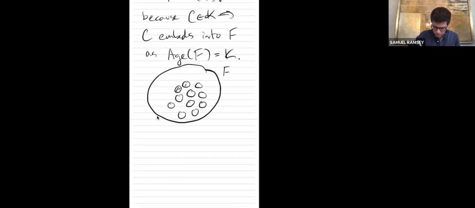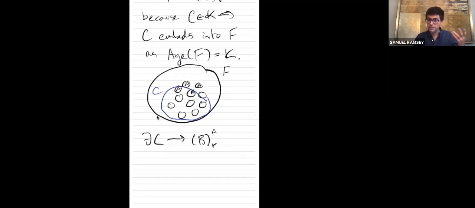So here's A, here's A, here's A, here's A. And because K is a Ramsey class, I know that there exists some C that arrows B superscript A sub r, right? Now that C, I can think of it as a substructure of F. So I can find some C living inside.